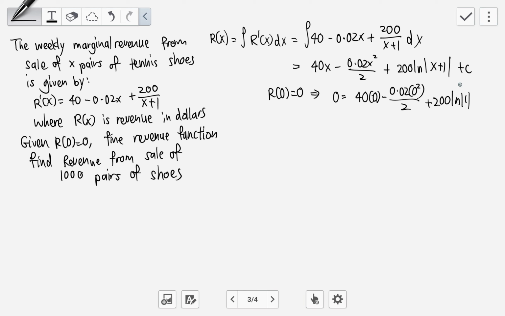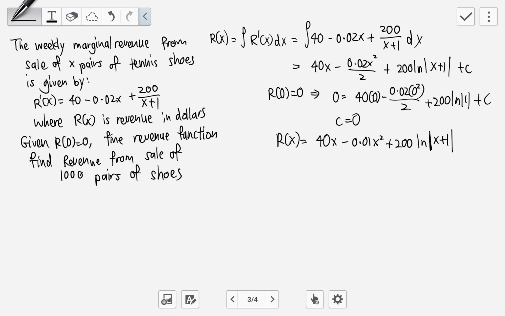What is ln 1? Ln 1 is 0. Therefore my C equals 0, so my R(x) is just 40x minus 0.01x squared plus 200 ln(x plus 1), without the C, because the C is 0.